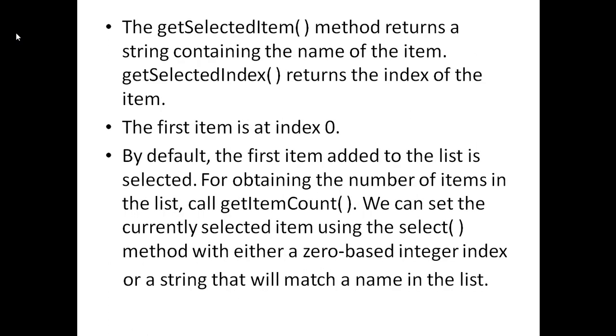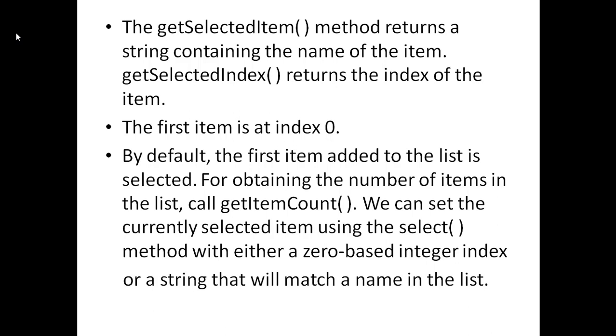The getSelectedItem method returns a string containing the name of the item, and the getSelectedIndex method returns the index of the item. The first item is at index position 0. By default, the first item added to the list is selected.